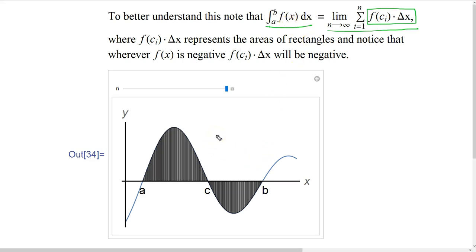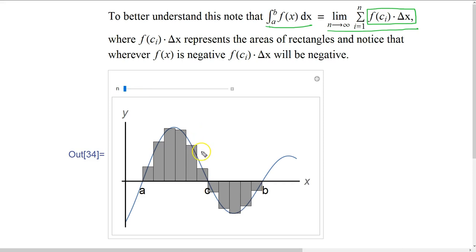Now, notice that where the graph is negative, when we evaluate the height of each rectangle, there might be a ci value, and then when we evaluate f of ci, this is going to be a negative number because the graph is below the x-axis.